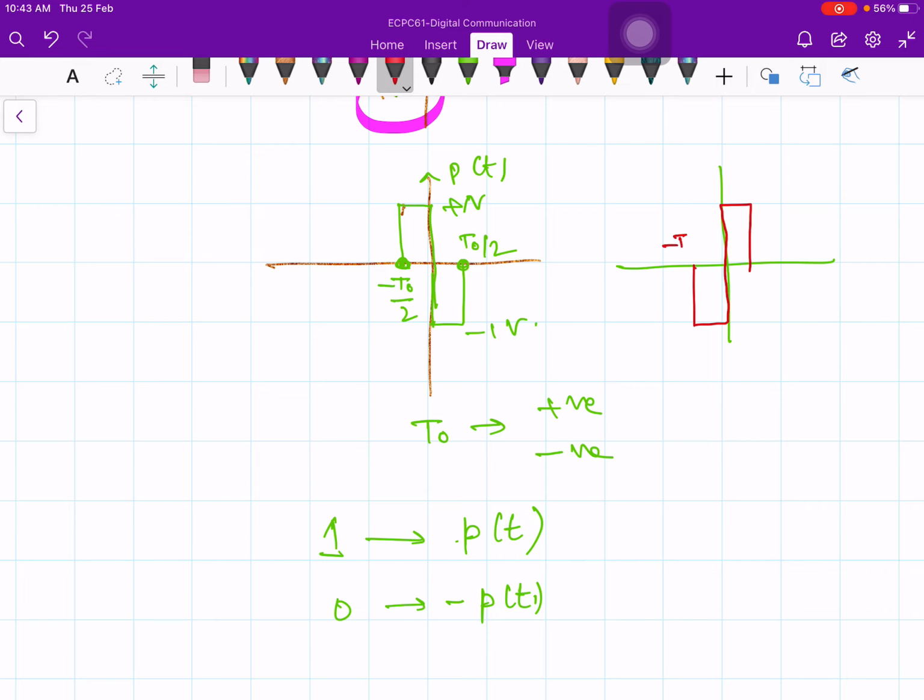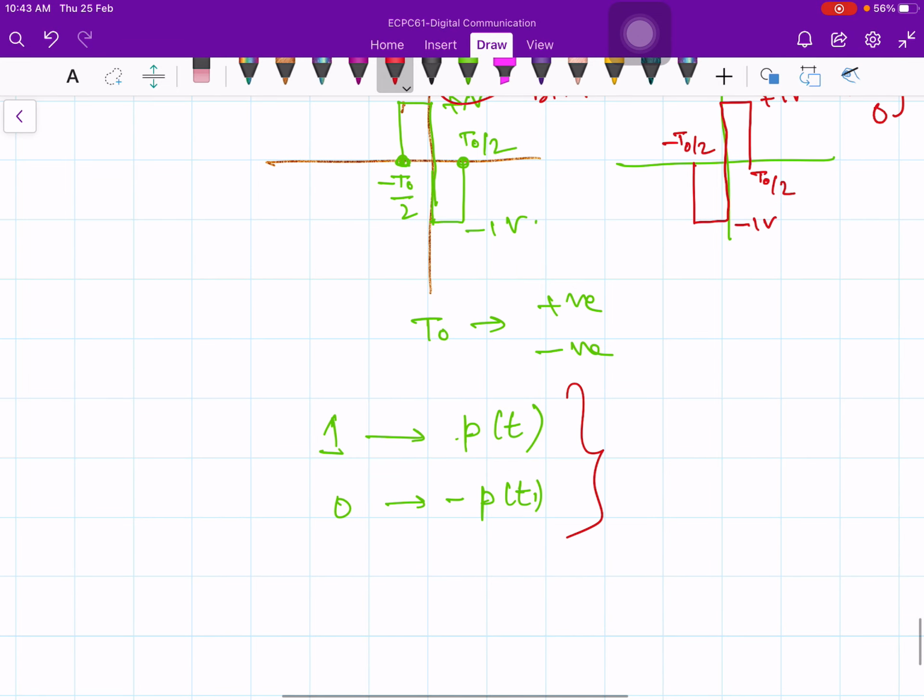Okay, minus T0 by 2, this is T0 by 2, minus 1 volt, plus 1 volt. This is minus P of t. For transmitting bit 1, you use P of t. For transmitting bit 0, you use minus P of t, or the other way around. It's your choice. Either you can choose this combination, or you can assume for 0 P of t and for 1 minus P of t, either way.